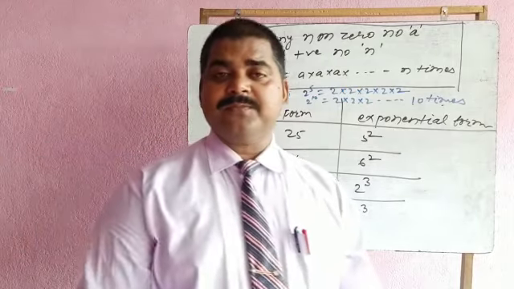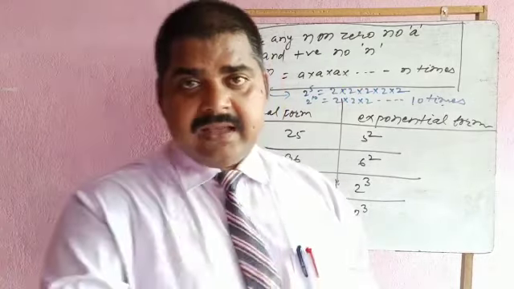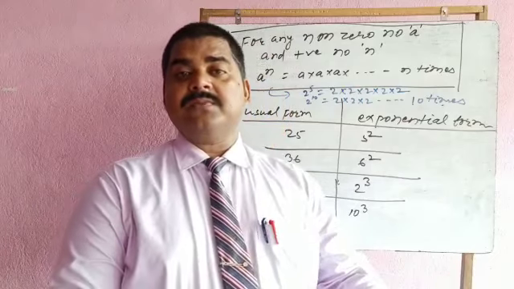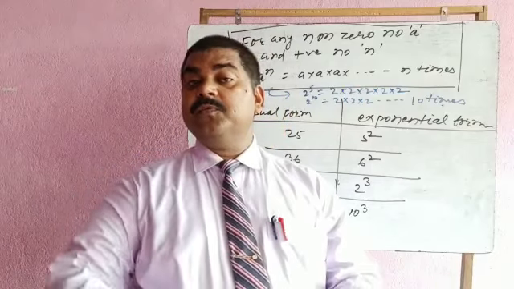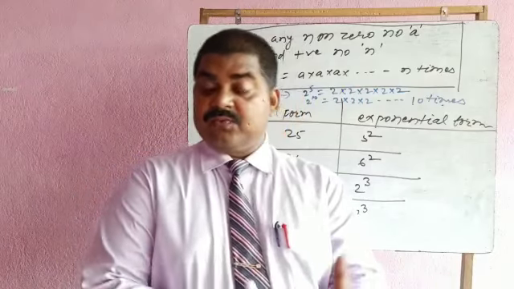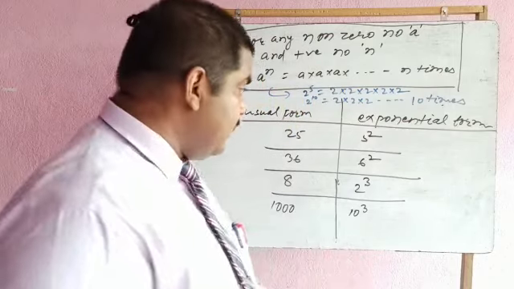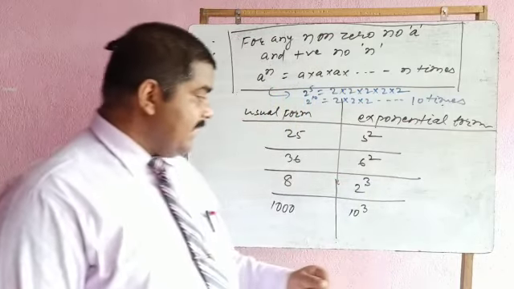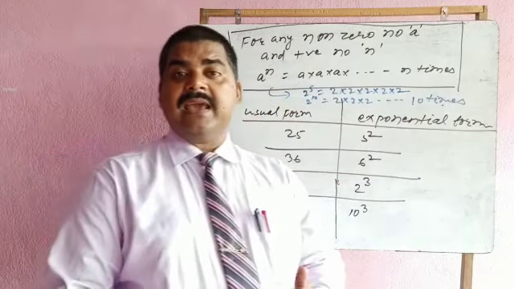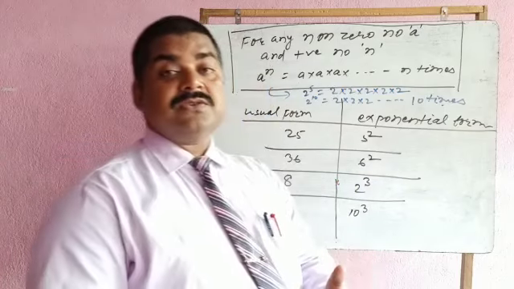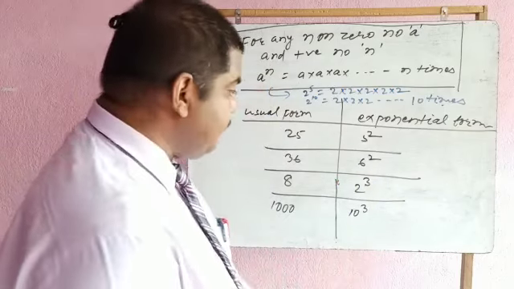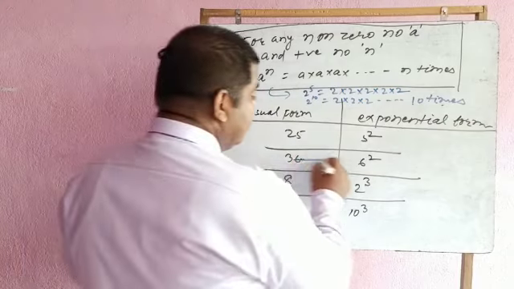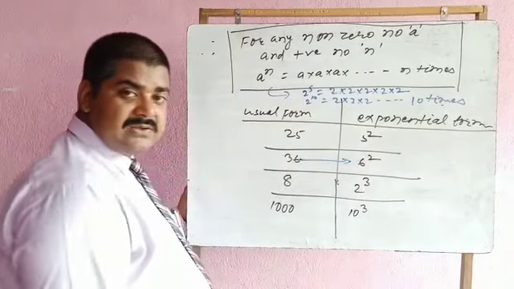One thing to keep in mind is that an exponential form can be written in different ways, because in some cases a number can be written in some other way. For example, 36 has been written as 6 square.